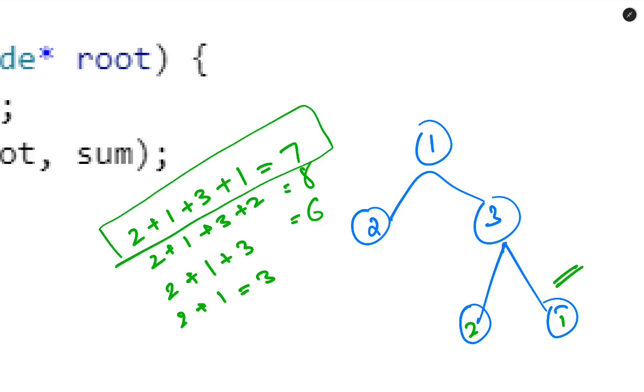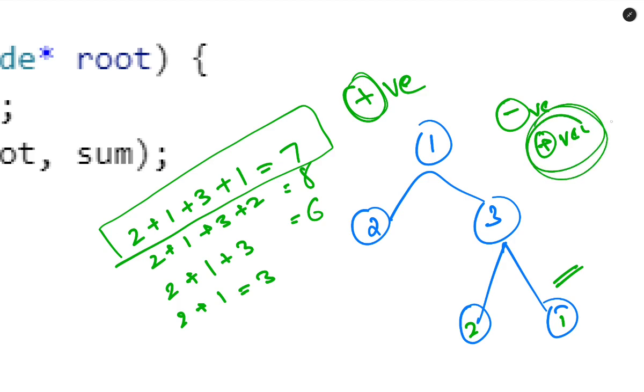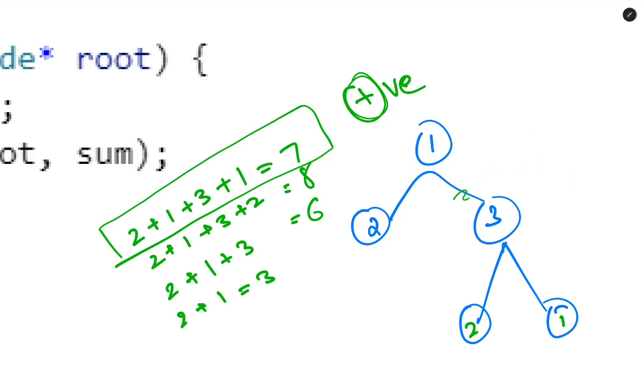Basically, if I am getting positive numbers, adding positive numbers will always give me a bigger result, but adding a negative number to a positive number will decrease it. For example, here I had positive numbers as well, so I wanted to include them.